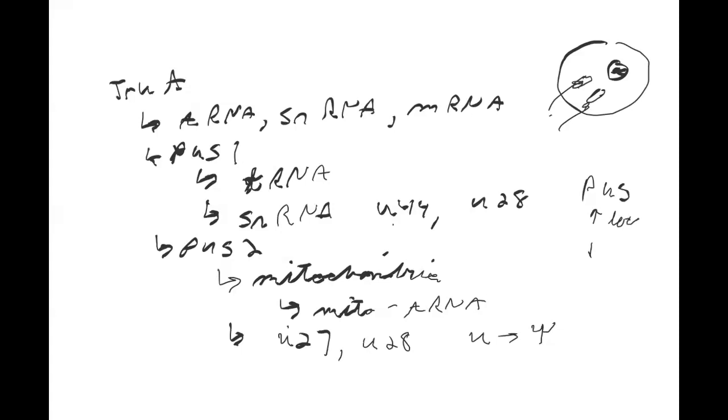Okay, so PUS2 deals with the mitochondrial transfer RNA, and like I mentioned before, your mitochondria has its own code, and it needs its own ribosome, and it needs its own transfer RNA. Now, the location for PUS2 is U27, U28.